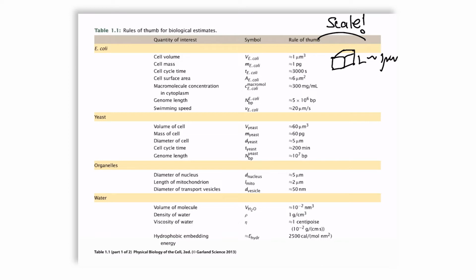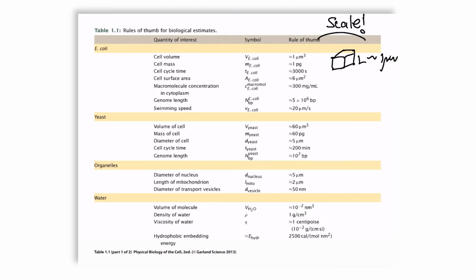We say approximately because, amongst other things, it may depend what cell cycle stage we take, what growth conditions we use, what bacterial metabolic state we are looking at, and so on.